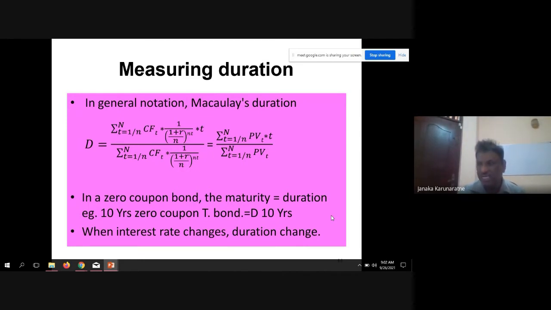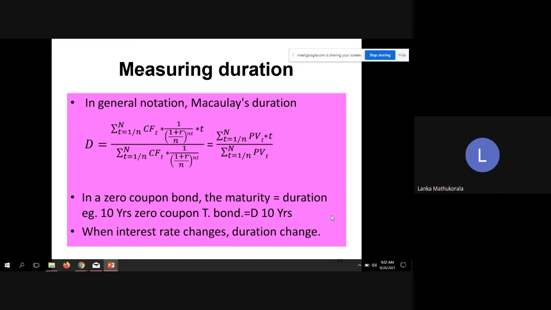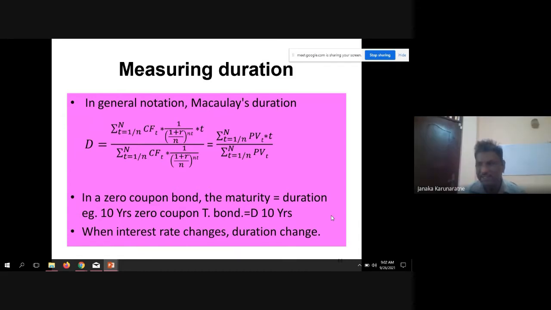Now when someone says it's a 5-year zero coupon bond and you are asked to compute the duration, what is the duration in a 5-year zero coupon bond? 5 years. Pretty simple, okay?